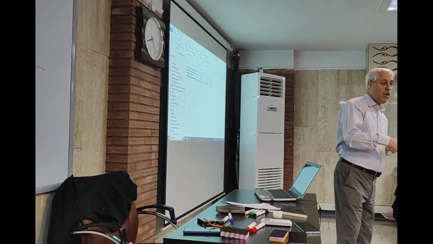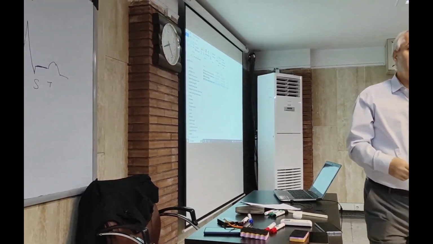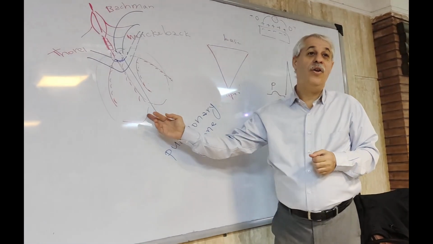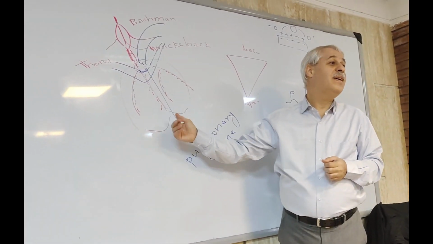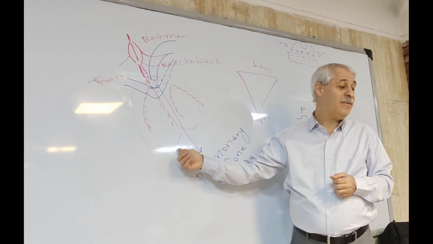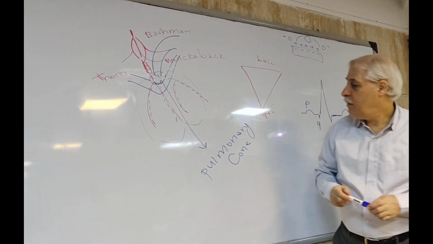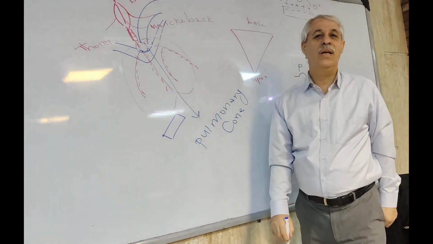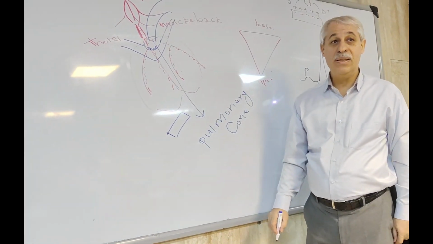So since we have a longer refractory period, repolarization would start a little later. So the first part that is repolarized in the ventricle is the apical surface, not the endocardial part, the epicardial part. See? This is the epicardial part of the left ventricle in the apex.